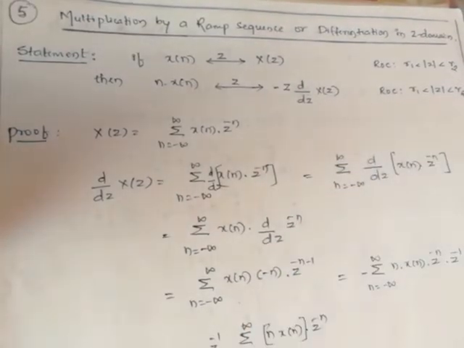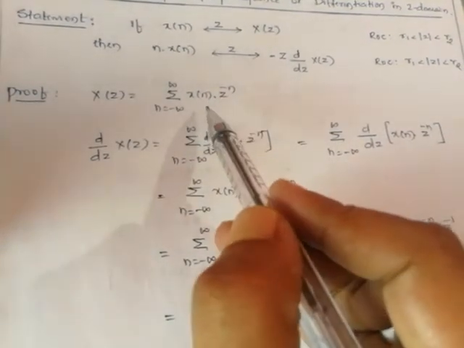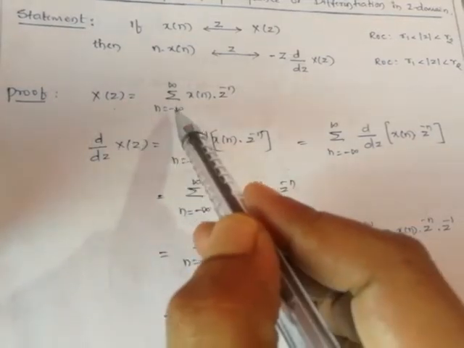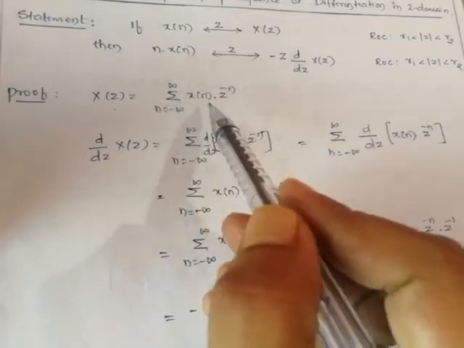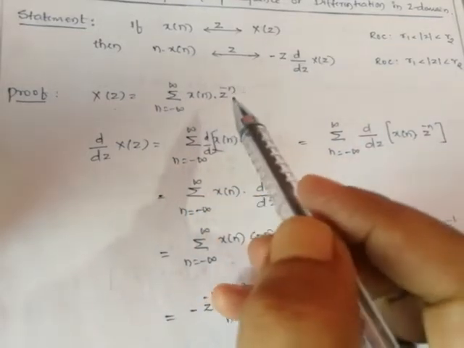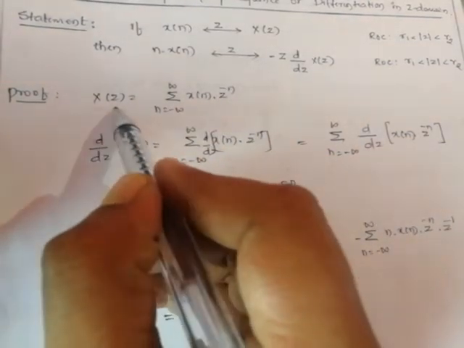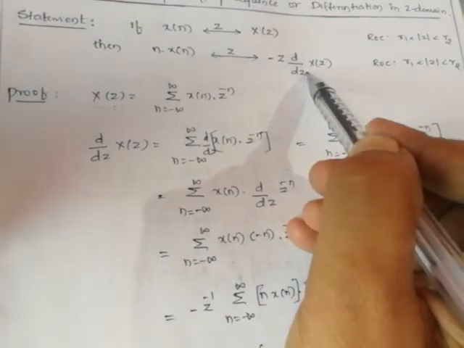So let us see the proof. With the help of the definition of z transform, x of z is equal to summation over the limits minus infinity to plus infinity x of n z to the power minus n. Let us differentiate this, because we are going to prove this part.